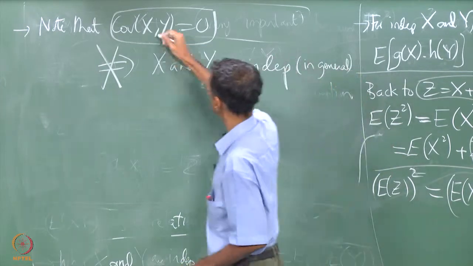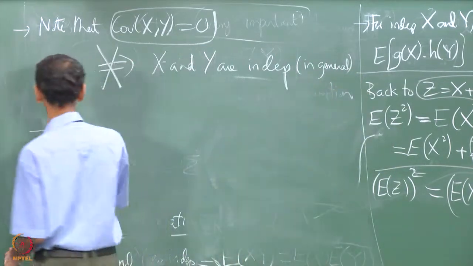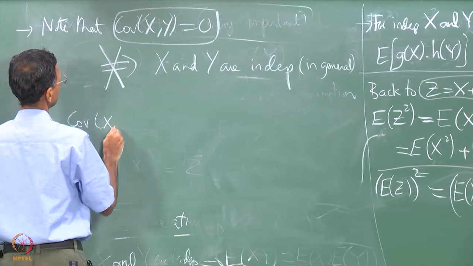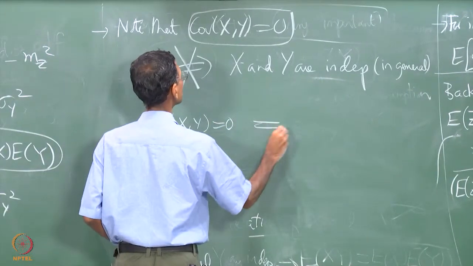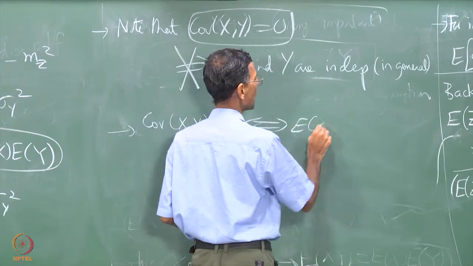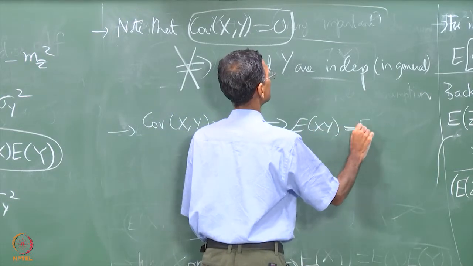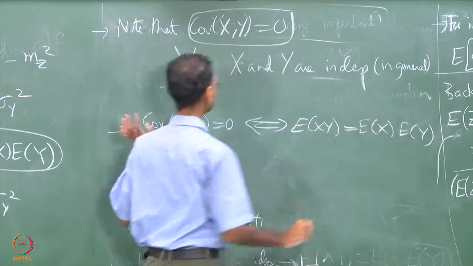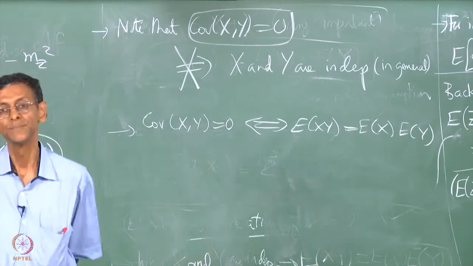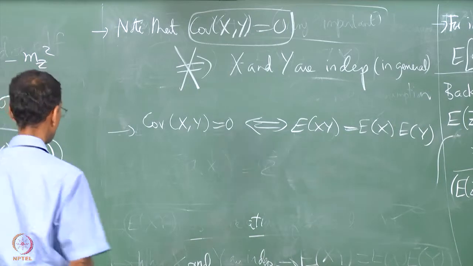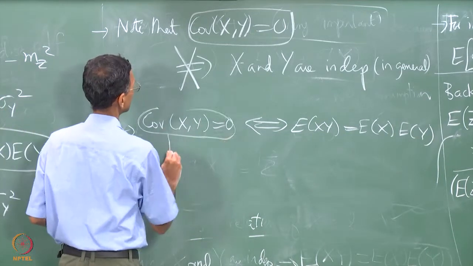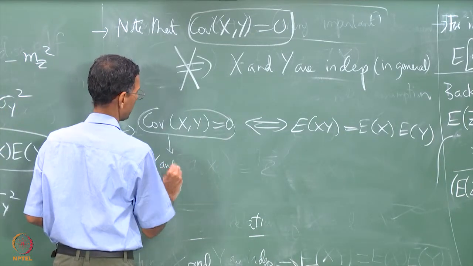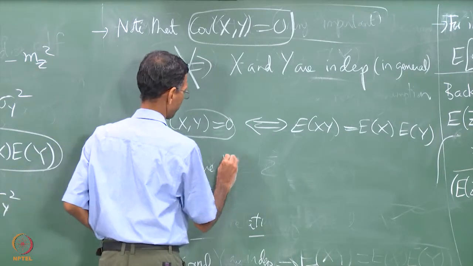All it says is that if this covariance is 0, it only means this, E of xy equal to Ex into Ey. This is the only thing that it means. And there is a special term for this, x and y are called what? Uncorrelated.